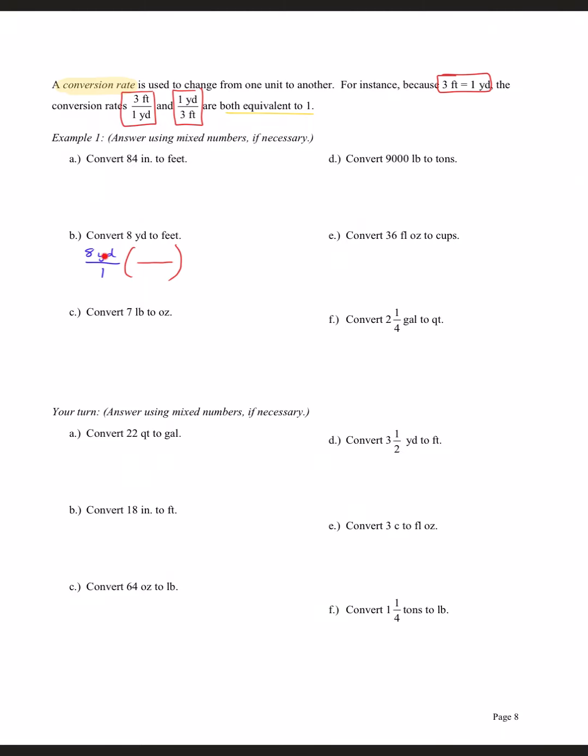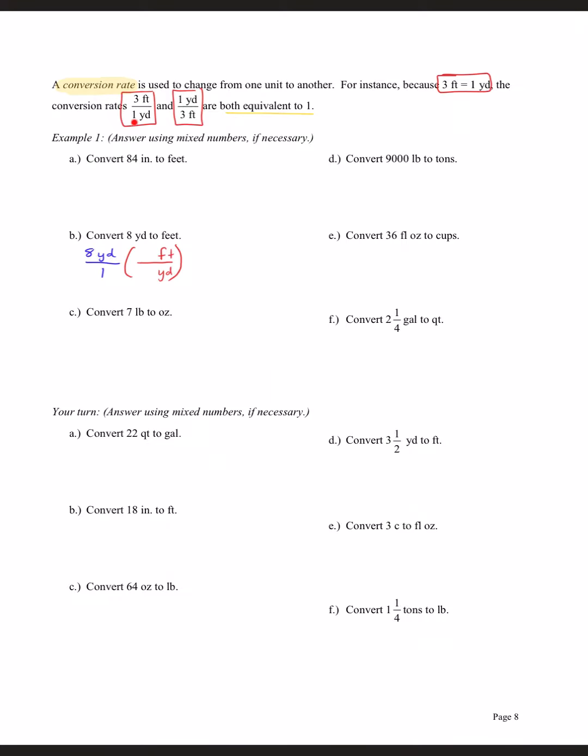And in order for this to cancel out, we need yards over here in a denominator because as we know from previous sections, things will simplify out if we have one in the numerator and one in the denominator. So we need to have a yard in the denominator. That tells us that we need to use this conversion rate because we have yard in the denominator and we need to convert it to feet, so we write that in the numerator.